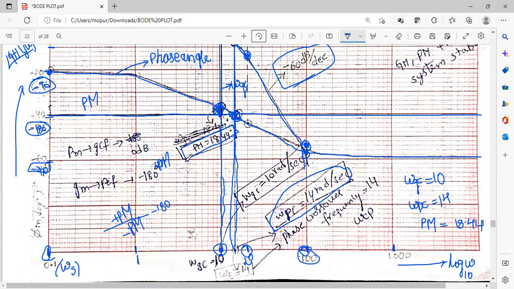See here, we were above the minus 180 degree line only. This is the difference, so it is plus 18.44 degrees.